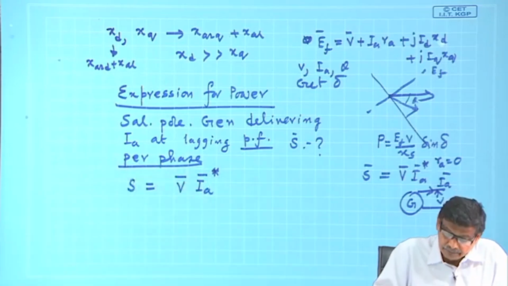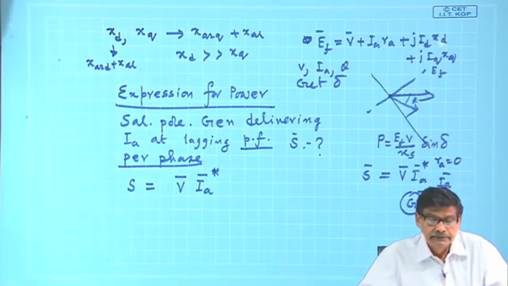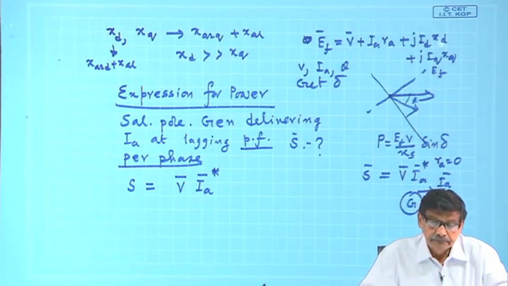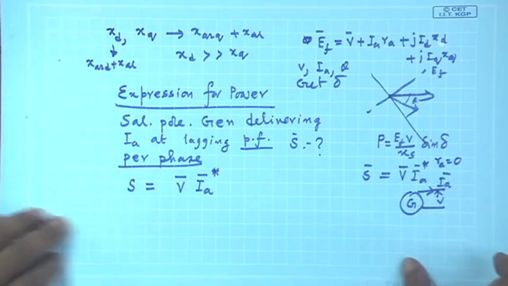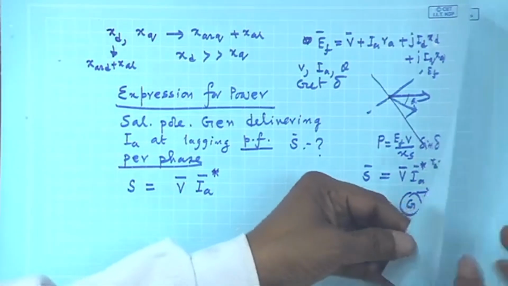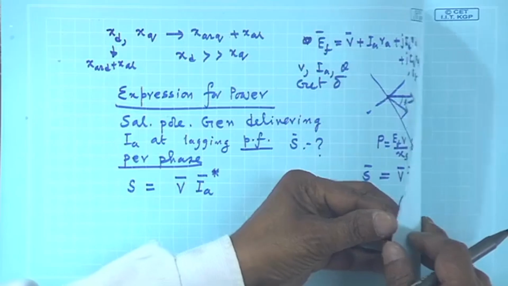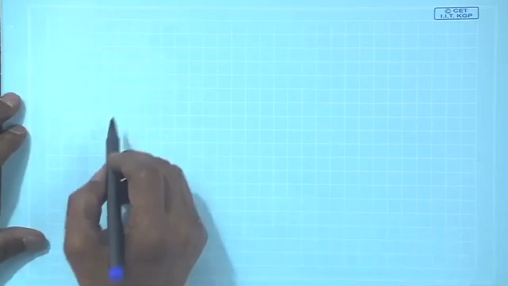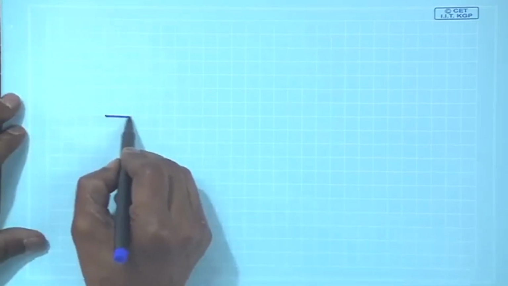This is the thing. Or I will draw the phasor diagram. This is the starting point, and the rest of the things are routine work, except that you have to draw the phasor diagram.